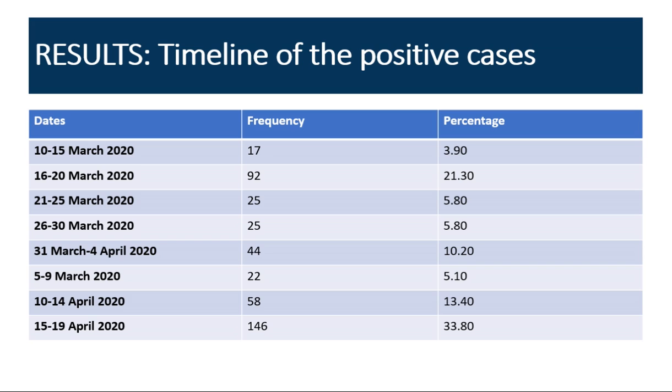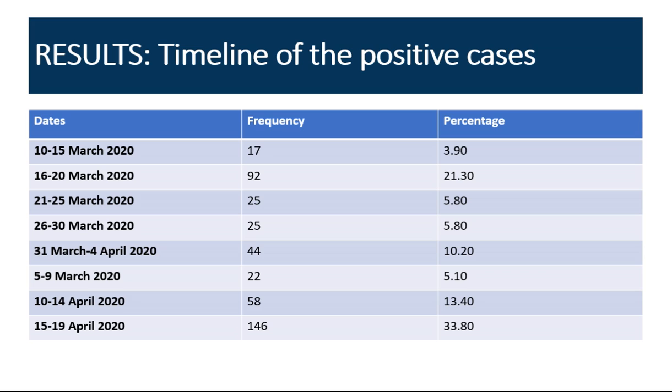Then we see a period of stagnation in which we saw no initial rise or fall of cases for the next few days. However, these cases again surged after 31st March 2020, and then they went down again. And then we see them surging to 58 from 10th of April.